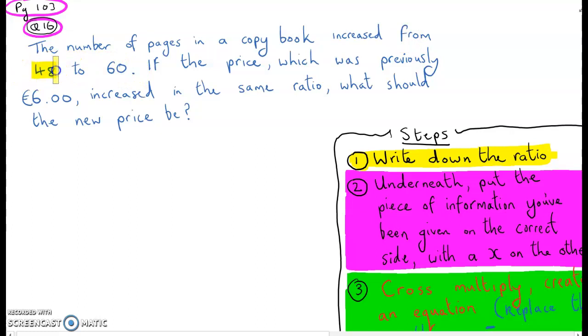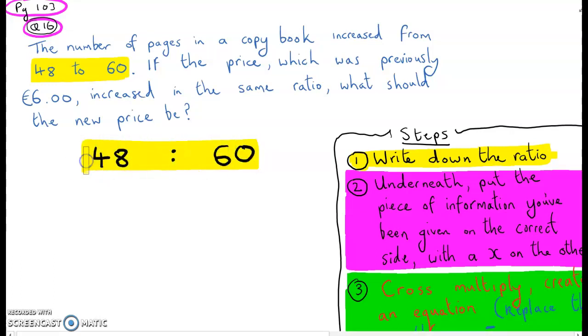That is the actual ratio there. So we need to write that down. That's the first thing we do. 48 pages is to 60 pages. There's our ratio. Let's just highlight that in yellow so you can follow what I'm doing with the steps.